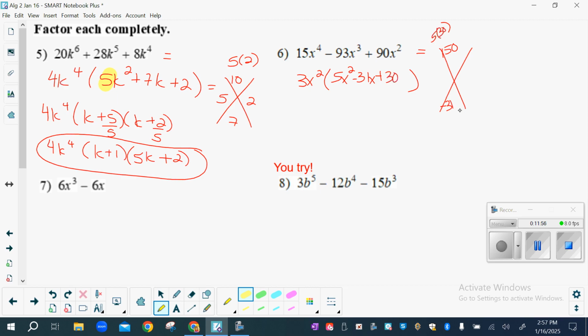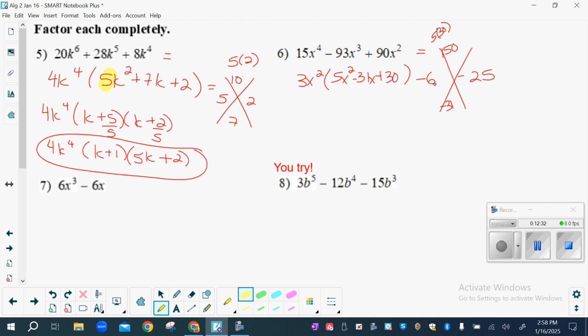This one takes a little bit of time. You're using a calculator and trying some numbers that go into 150. 25 and 6. What are the signs on the 25 and 6? Both negatives.